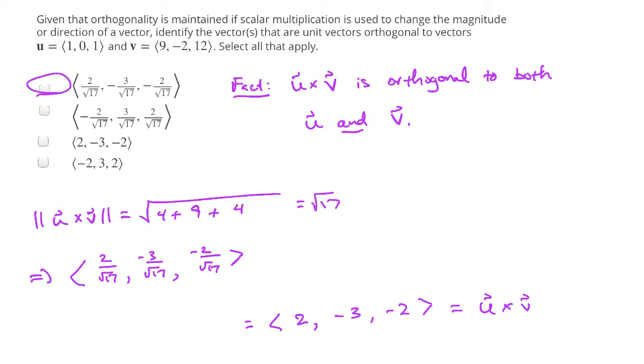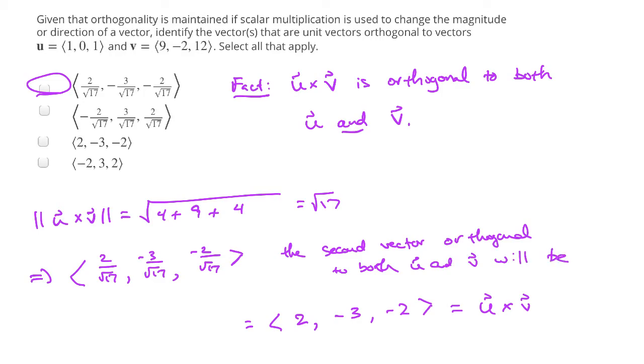And then the second vector orthogonal to both u and v will be the negative of our normalized cross product.